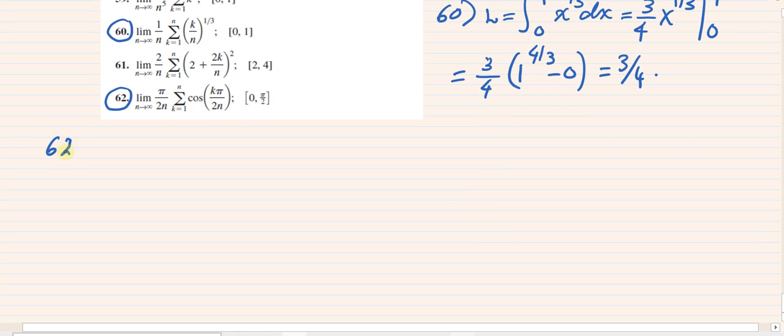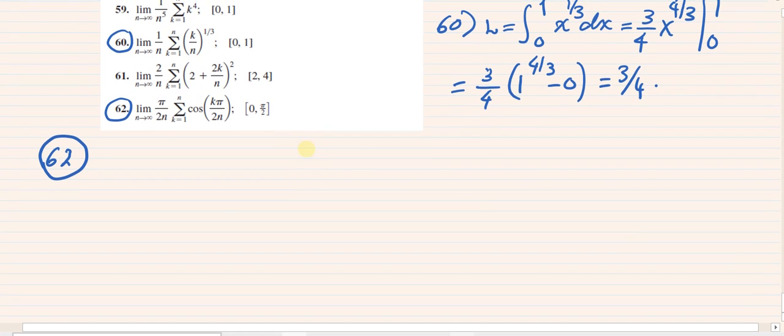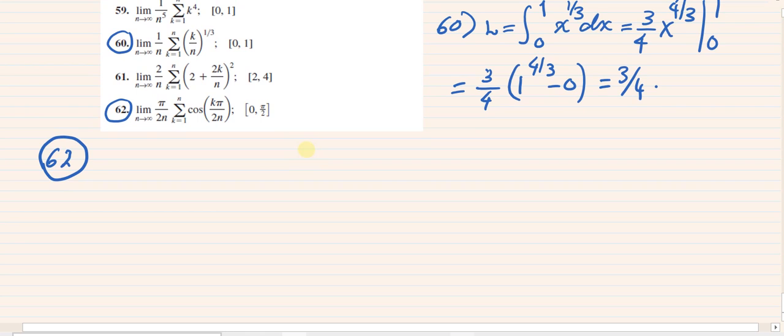In number 62, the limit of the Riemann sum, right? And for this one, again, we can write number 62 as the limit. What's important is the function in front. The constant in front doesn't matter here, right?